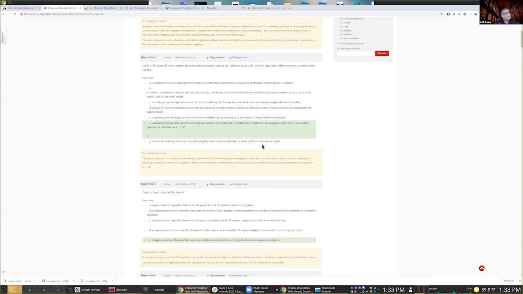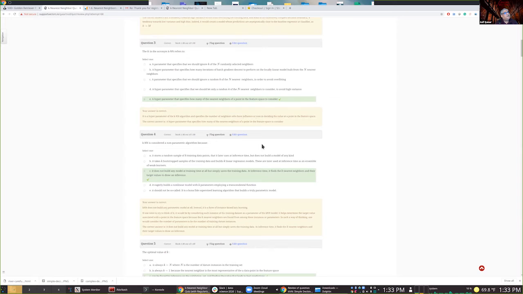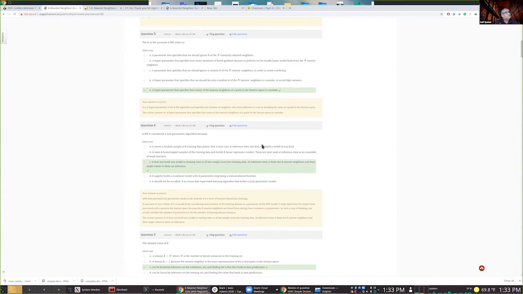That's that. The K in the acronym K nearest neighbor refers to, what does it refer to? There were some quite interesting choices, a parameter and so forth. By the way, because I'm sharing my screen, I shouldn't look at the statistics. I think some of you tripped on this question. It's a hyperparameter of the model, not a parameter. KNN is not a parametric model. There are no parameters, there's nothing to learn.